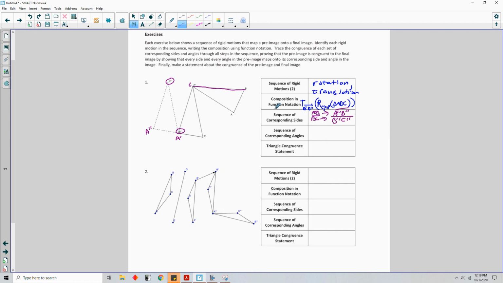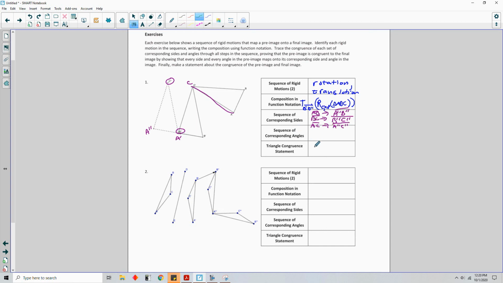Okay, and then finally, the last side, let me get rid of this, is the side AC. Rotated, it's A prime C prime. Translate that, it's A double prime C double prime. So AC becomes A double prime C double prime, just like that. Okay, there we go.